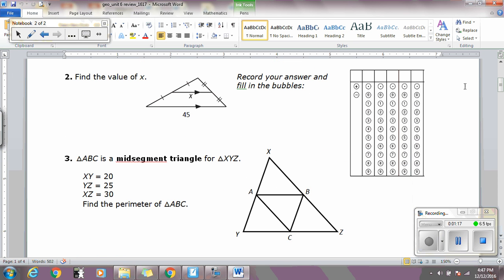Number 2 wants us to find the value of x. I know that this little line right here in the middle of the triangle is a mid-segment because this is a midpoint and this is also a midpoint. And from our notes, you should recall that a mid-segment is equal to 1/2 of the parallel side.